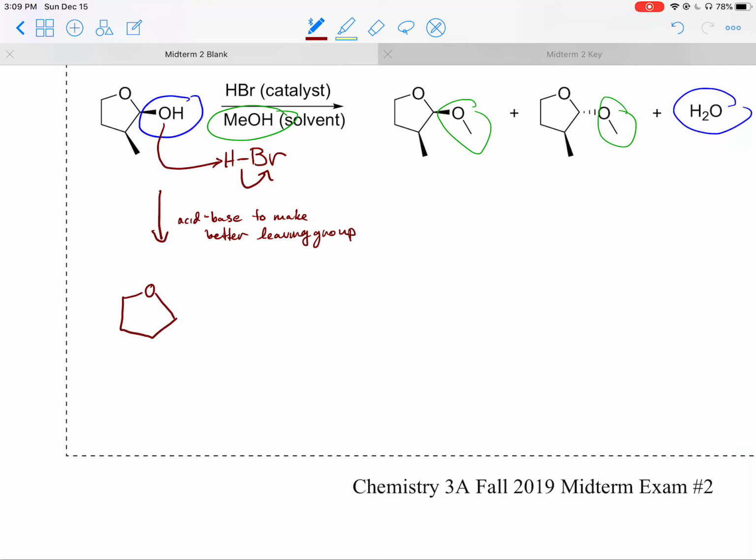So we have OH2 here, and we have our methyl group here, and now we have a plus charge on that oxygen. We have bromine with a negative charge, and so now this is a really good leaving group because water is happy on its own.